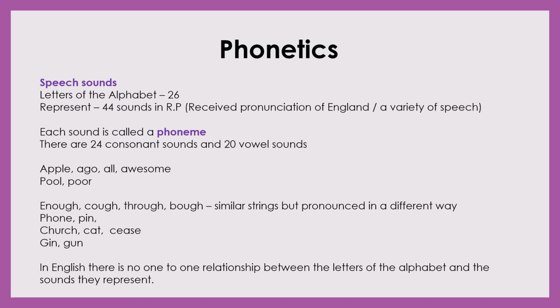As C comes with H, it is the ch pronunciation. In cat, it is the ka pronunciation. And in seas, it is the sa pronunciation. In the same way, gin and gun both begin with G, but for gin it is pronounced as j, but for gun it is pronounced as ga.